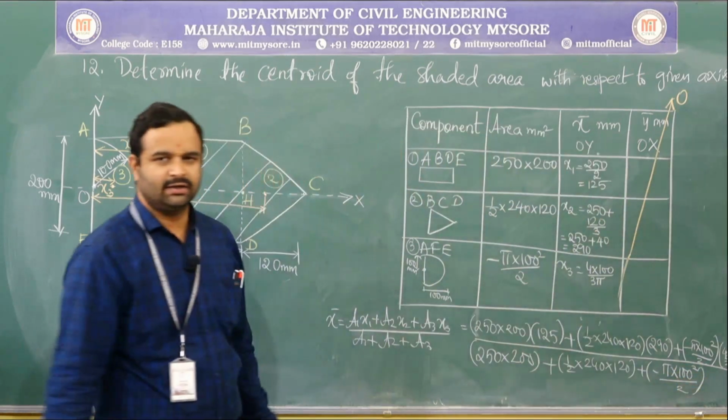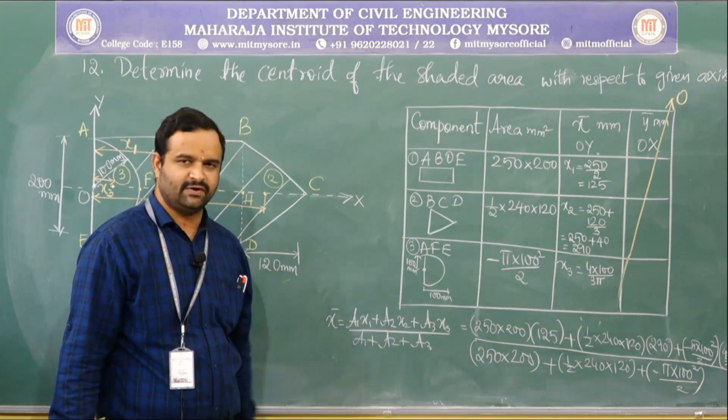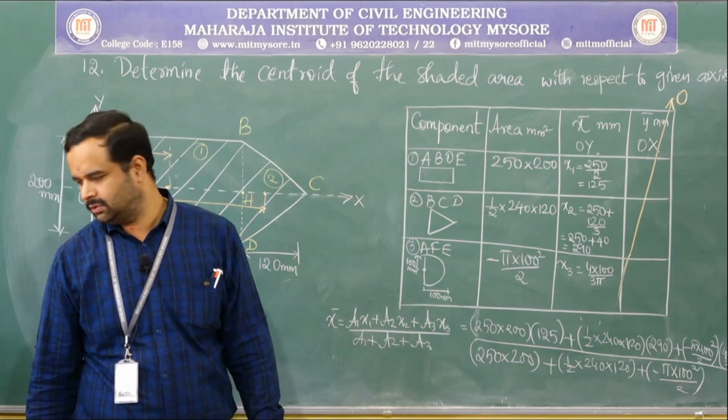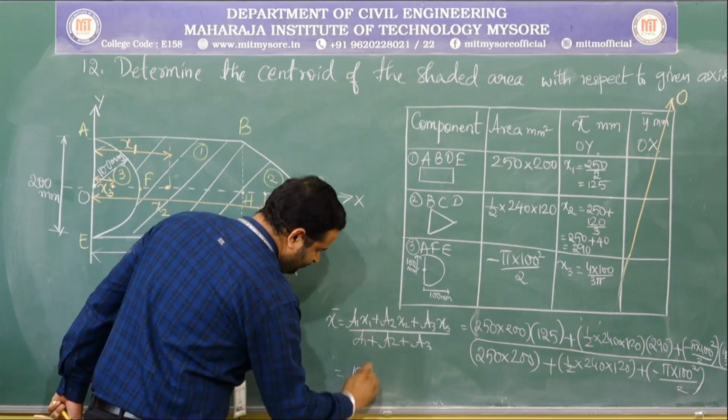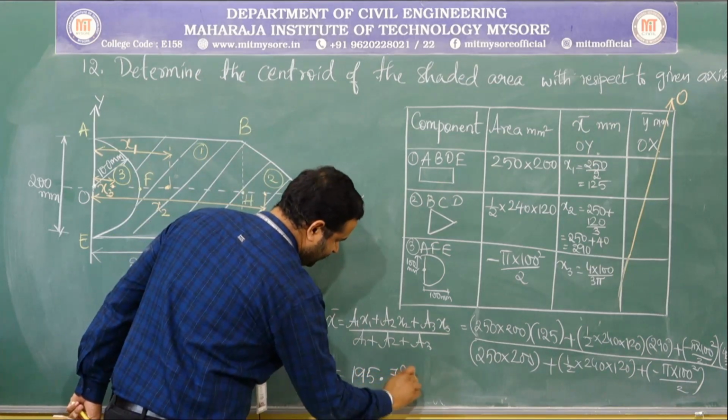So, after calculating and substituting the values, we get x bar equals to 195.79 mm.